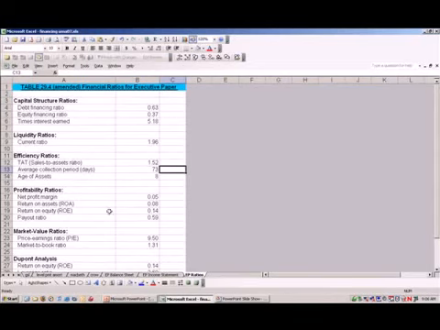So let's calculate a few of these financial ratios. Let's start with an important capital structure ratio, the equity financing ratio. The calculated number is 0.37, indicating that 37% of the firm's assets are financed by equity. Now, this calculation was done by looking at 2 numbers from the balance sheet. So let's scoot over to the balance sheet and see what's in cells D24 and D15.